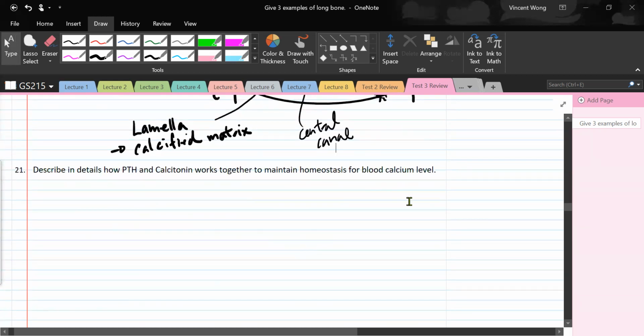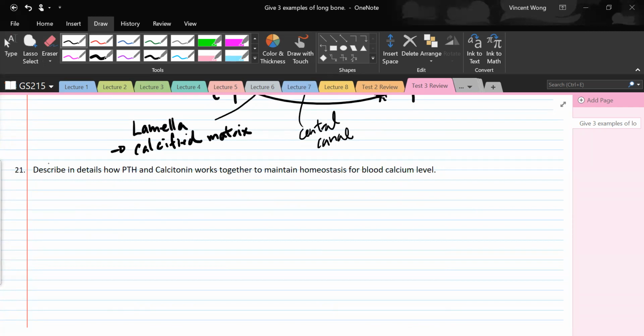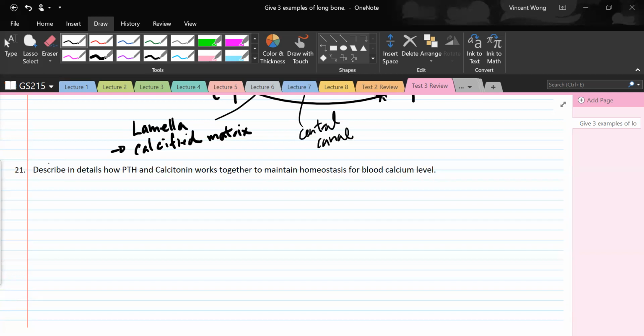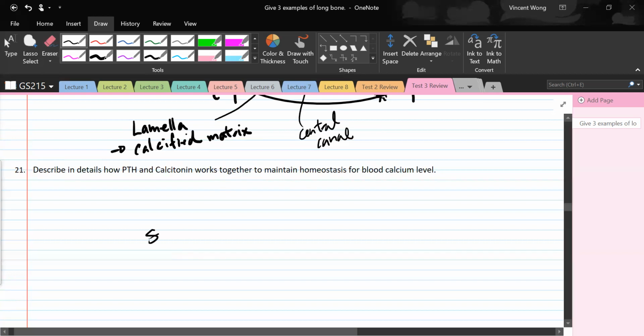Okay, this one is PTH and calcitonin. We should go through that as well. You have to be careful when you do the question on the test, because the trigger, the stimulus, and the effect are often opposite to each other, right? So you have to read it carefully and see whether the question says, for example, the stimulus for this hormone is high blood calcium level, okay?